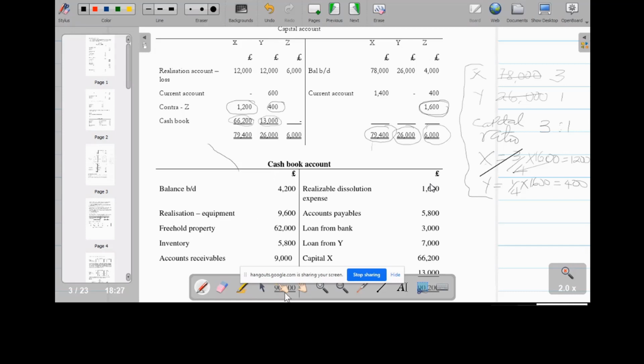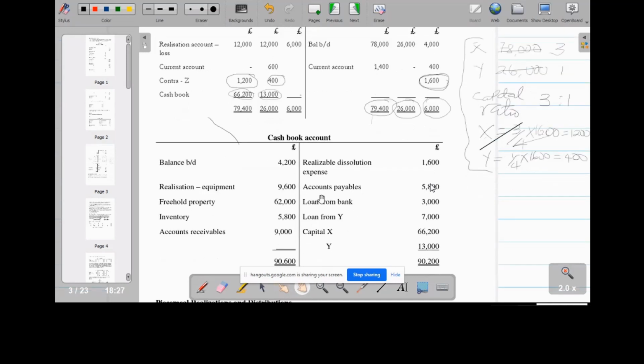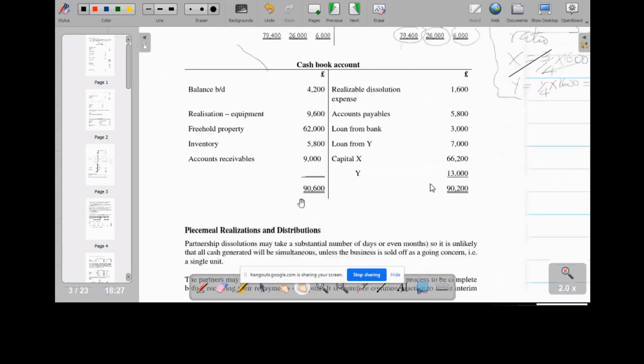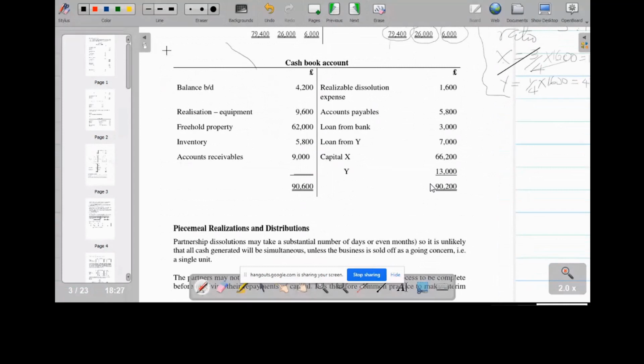So from there now, after preparing capital balances, you need now to prepare the cash book. On the debit side of the cash book, you will have the assets which have been sold or realized. Then the credit side is for the payment based on the priority that we mentioned.